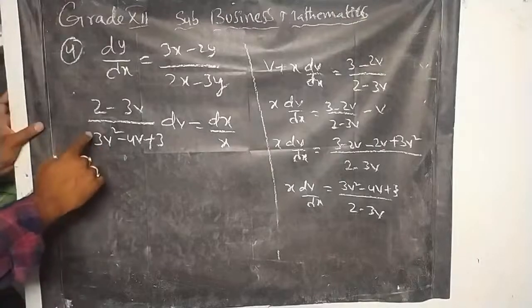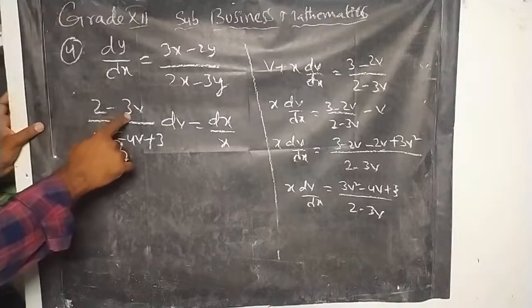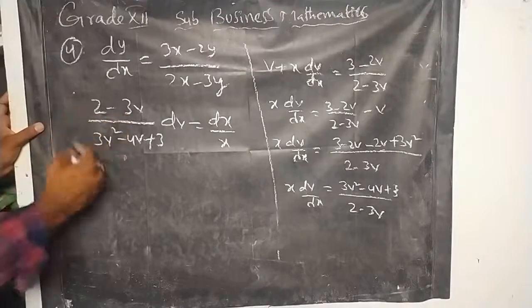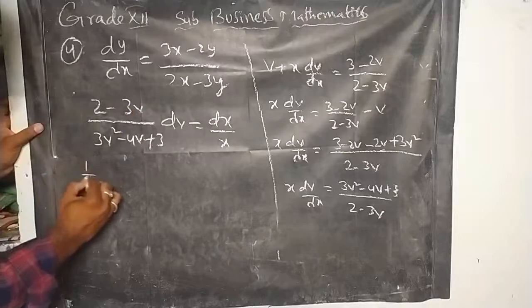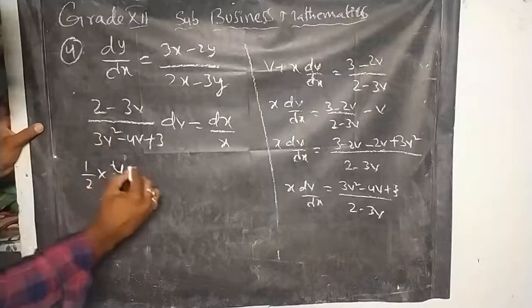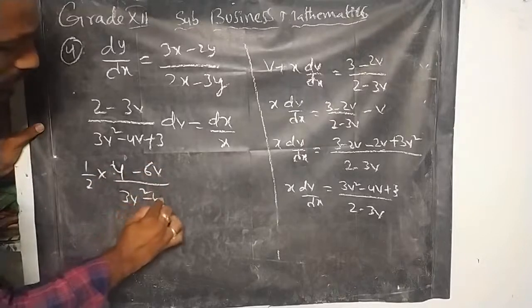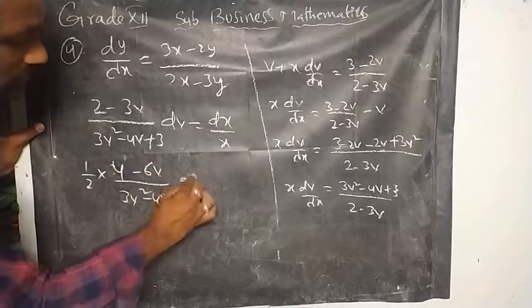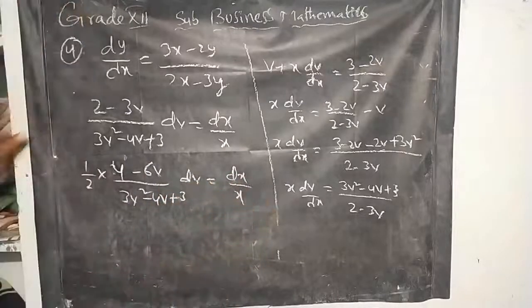Now, here 6v should be there, but here 3v is there, and here 4. So let me multiply and divide by 2. So it will become 2 into 4 minus 6v divided by 3v square minus 4v plus 3 dv is equals to dx by x.